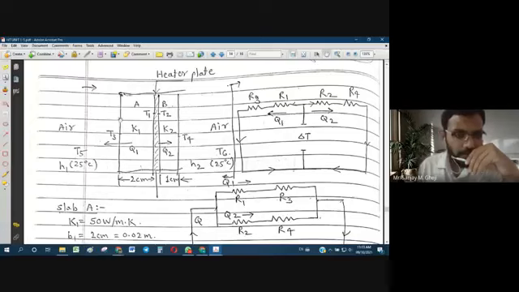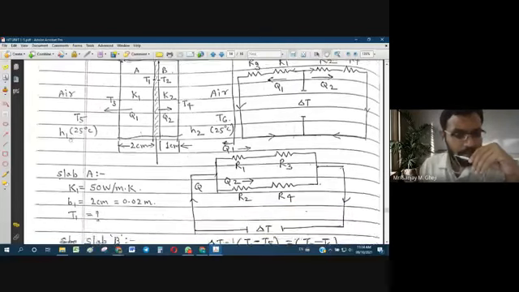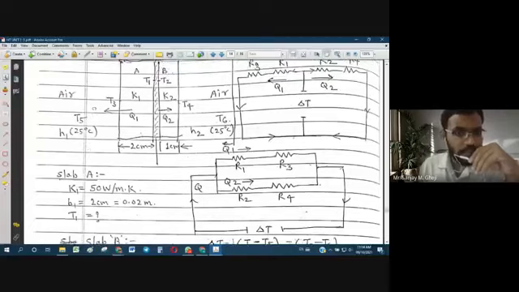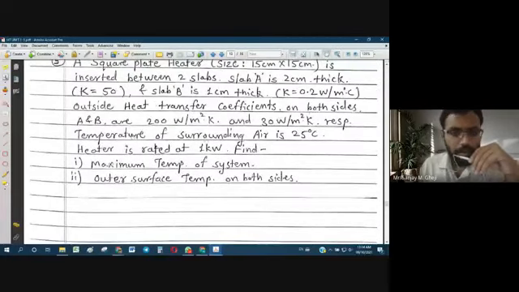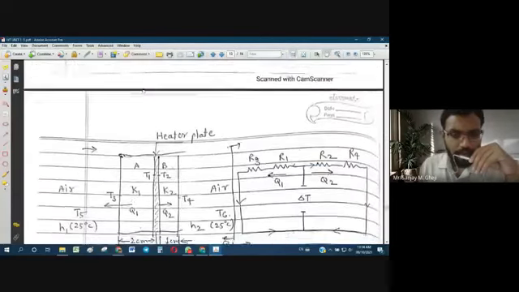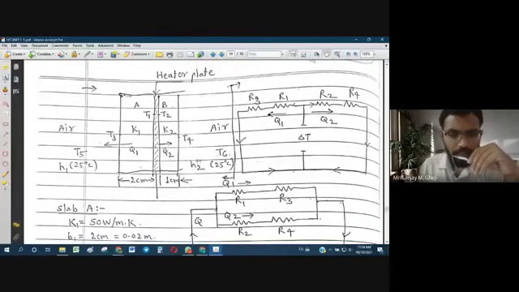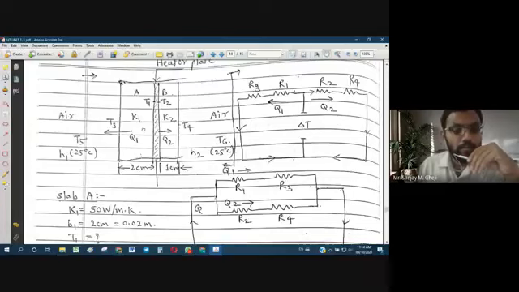Now A side is exposed to air at 25 degrees Celsius, and its heat transfer coefficient is H1 because it is different. From the problem statement we get H1 as 200 watt per meter square Kelvin on A side, and on B side, let us say it is H2, 30 watt per meter square Kelvin. So this is the situation.